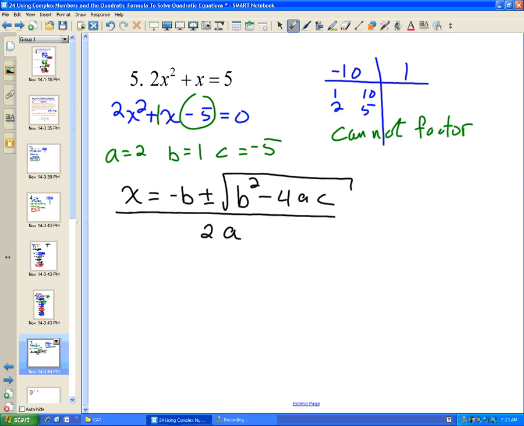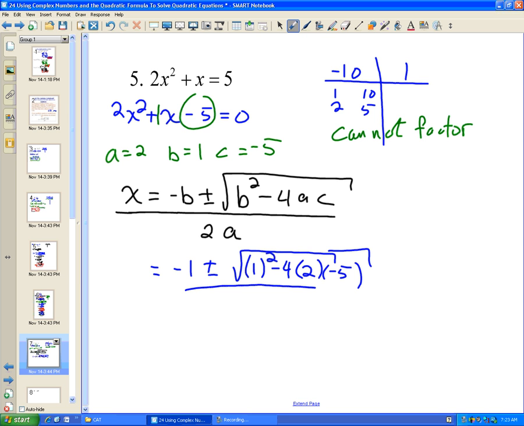Plug in what I know. I can say negative b is negative 1 plus or minus the square root of 1 squared minus 4 times 2 times negative 5, all over 2 times a. And a still is 2.